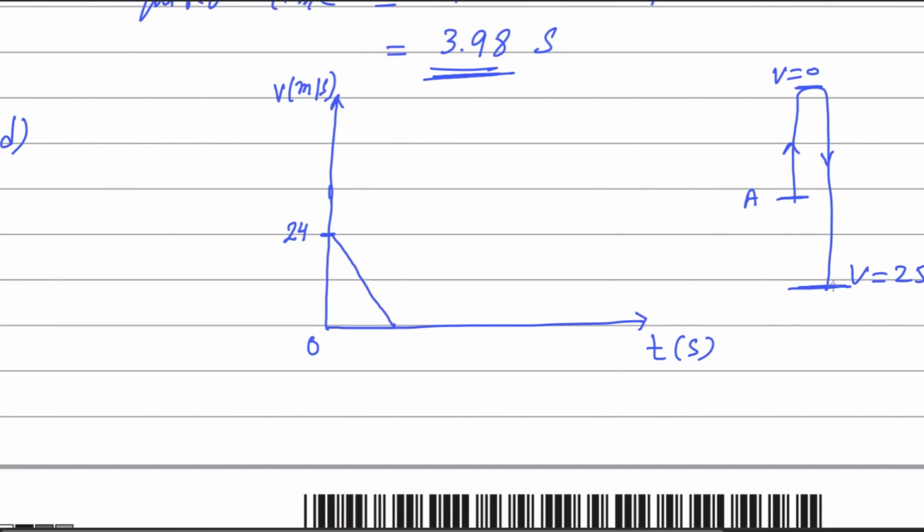In downward motion, speed is always increasing, and the total time taken is 5 seconds, so let's say 25 is somewhere here. No need for further calculation. So this will be the speed time graph for this question, and question number 6 is done. Hopefully you understand it as well. If you have any question or doubt, please let me know in the comment box. Thank you.